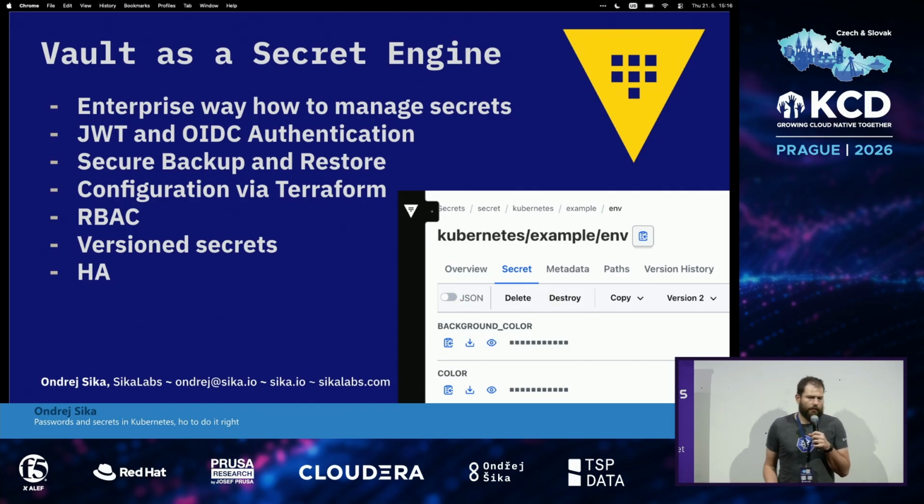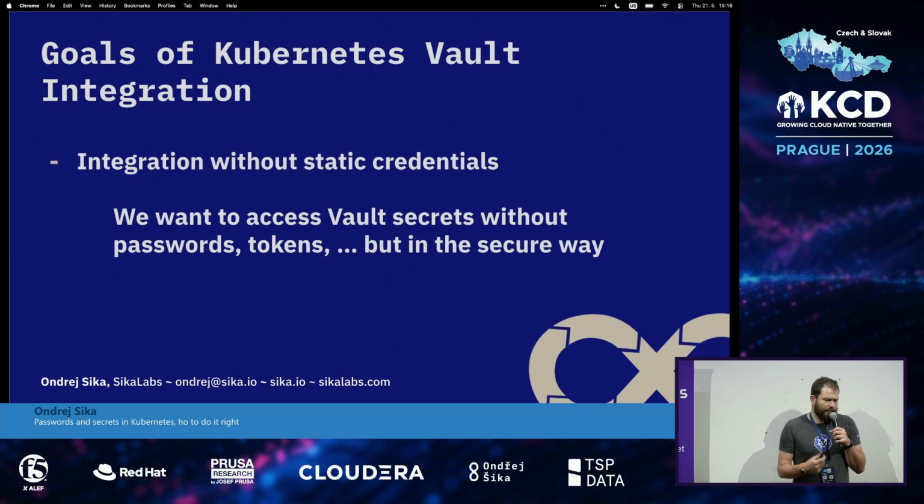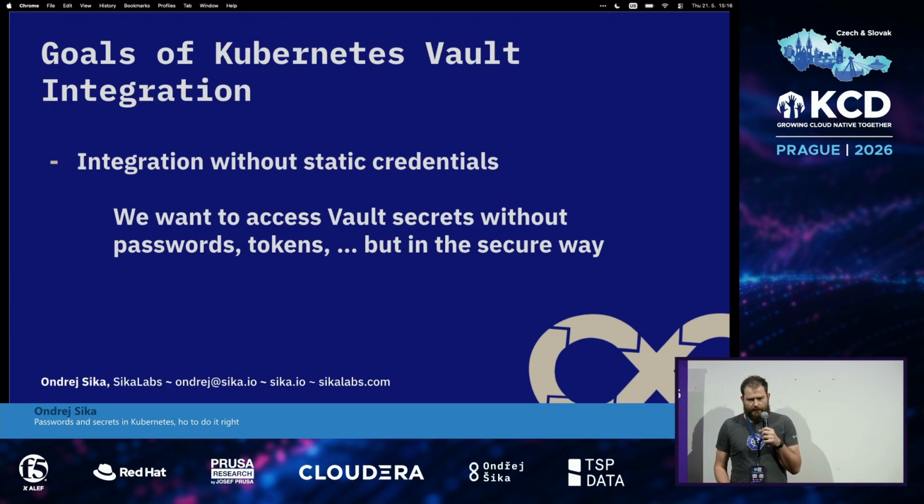We can do it on Vault or OpenBao in the CNCF landscape. I will be using HashiCorp Vault, but for this example, it's basically the same. We will integrate Vault with Kubernetes without any static credentials.